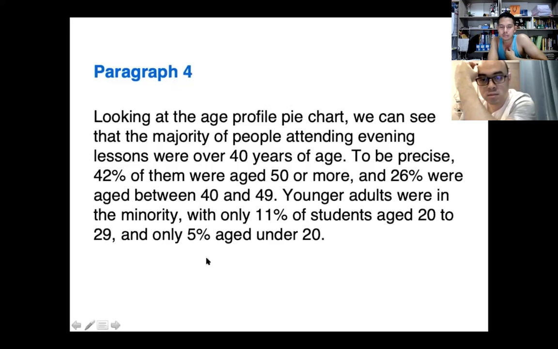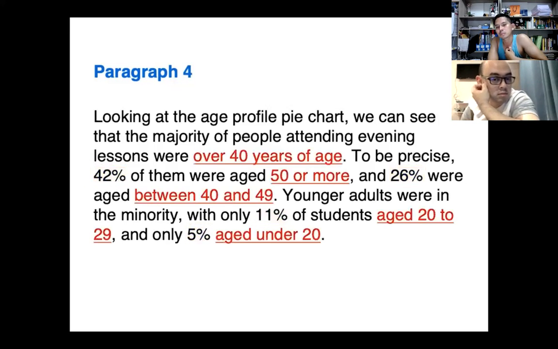This word aged, you can remember. You don't have to write that 5% of students are under 20. No, you don't need to do that. You can just say 5%. We know 5% of people aged, aged is a verb, aged under 20. And check, do you get a percentage? Yes, I did. Do you get the age? Yes, I did.